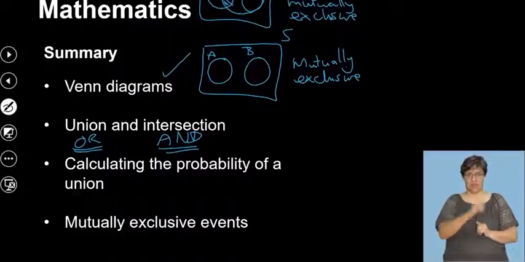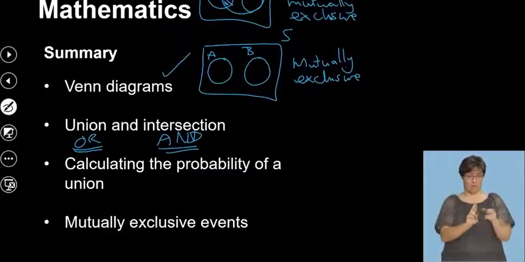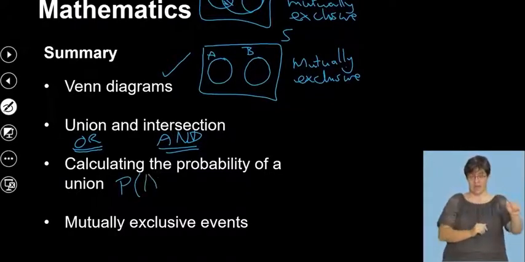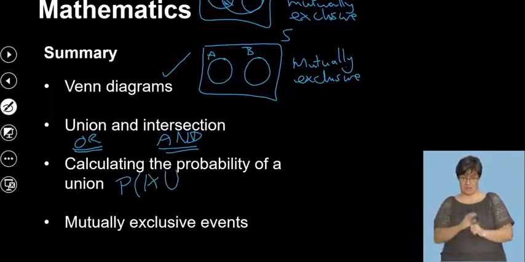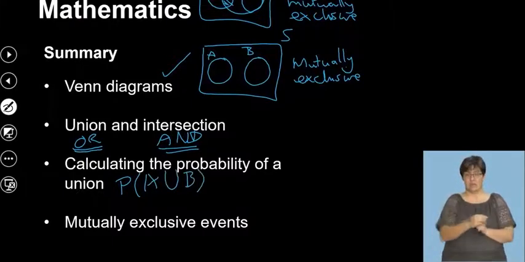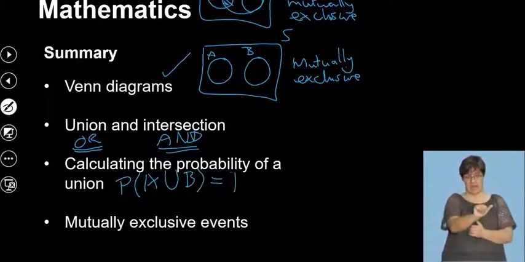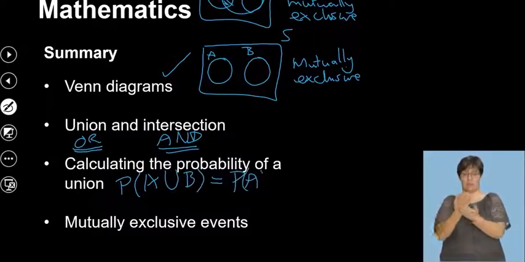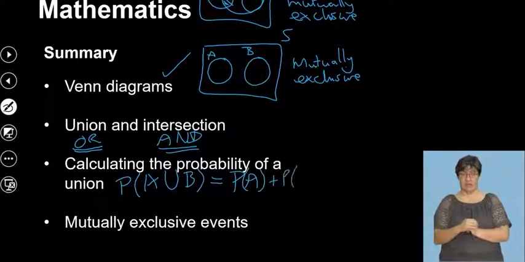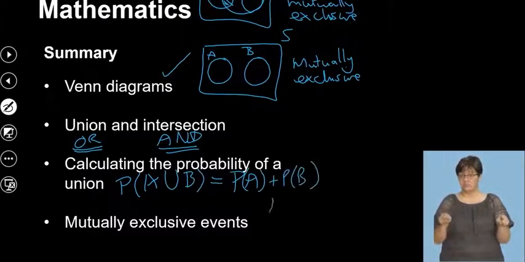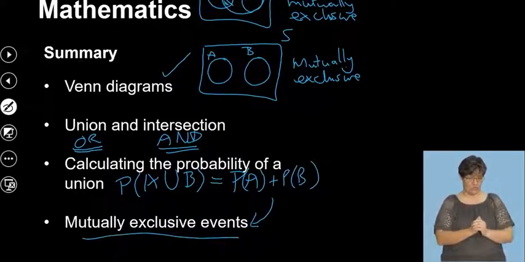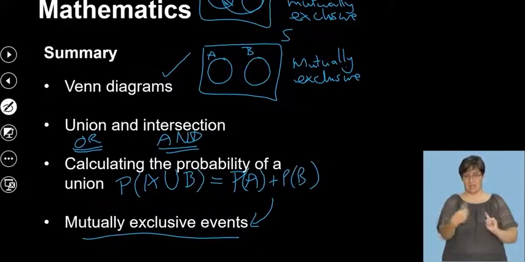Now remember, the probability of A union B is equal to the probability of A plus the probability of B if the sets do not have an intersection. That is only true if we are dealing with mutually exclusive events.